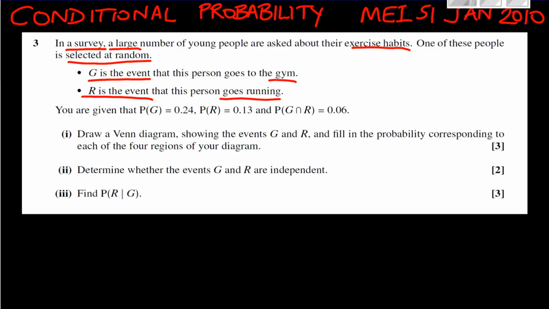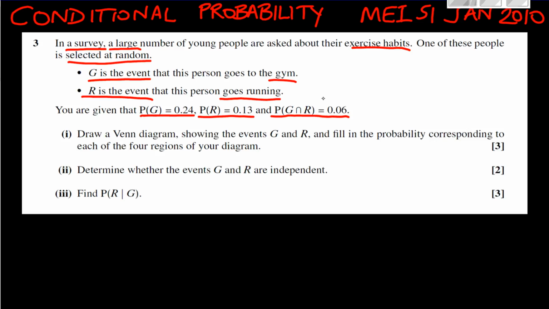So the probability of G, that is the probability of going to the gym in this group of young people, is 0.24. The probability of going running is 0.13. And finally, the probability of going to the gym and running is 0.06.